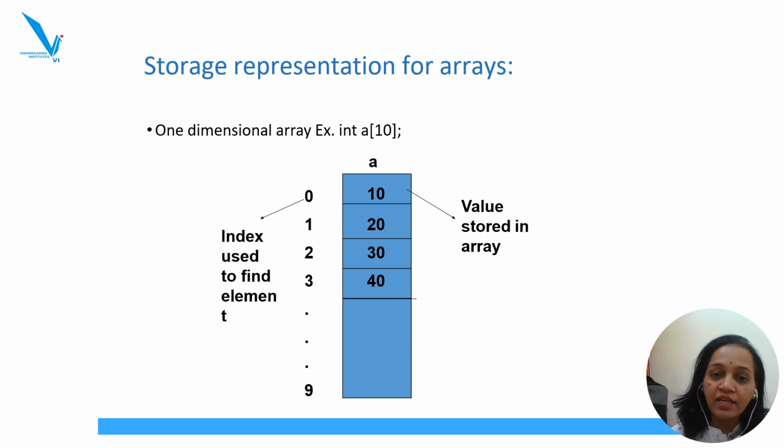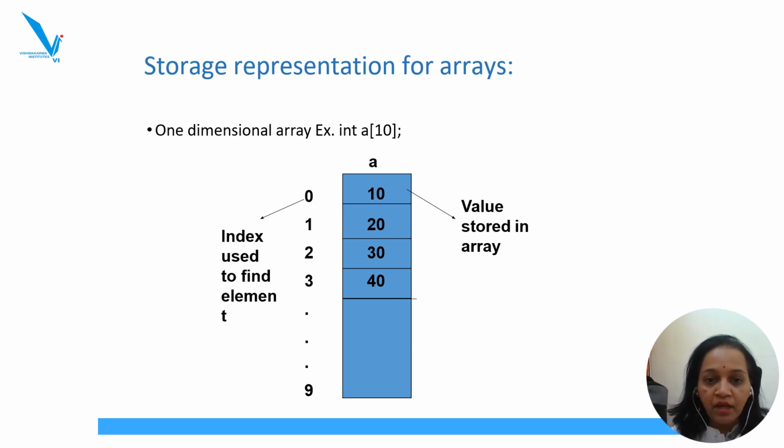Suppose one integer requires 4 bytes of memory. So to store 10 integers, I will require a minimum of 40 bytes of memory. So a 40-byte memory chunk will be allocated for this array a.